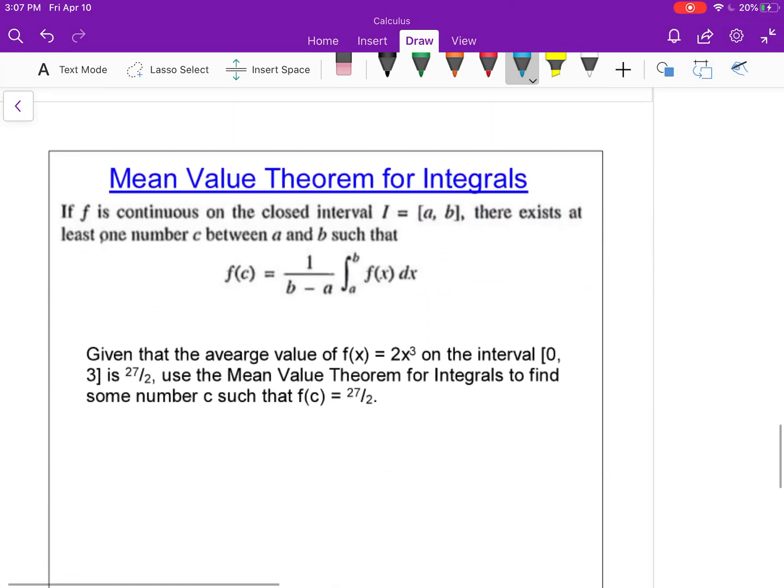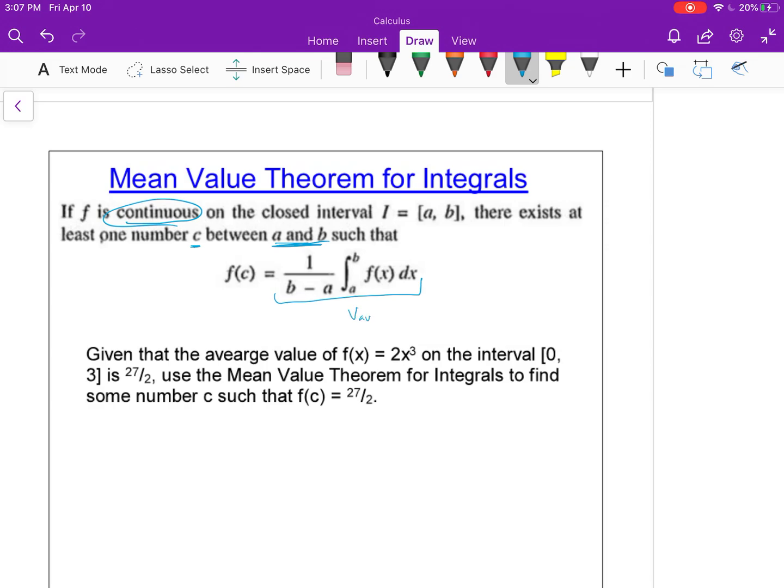All right. Moving on to the mean value theorem for integrals. If f is continuous, so it doesn't work if it's not continuous, on a closed interval a to b, there exists at least one number c between a and b, so in that interval, so that the function at c equals, we just looked at this.